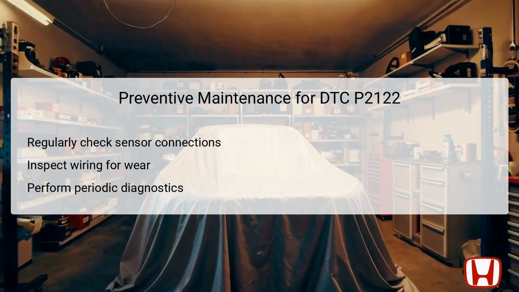Consider conducting periodic diagnostics using the Honda Diagnostic System, HDS, to identify any emerging issues early, especially in vehicles showing signs of electrical instability. Taking these preventive measures not only ensures vehicle reliability, but also prolongs the life of the components involved.